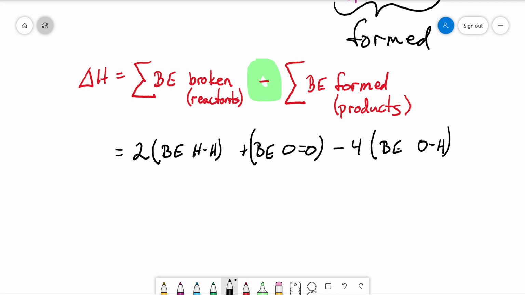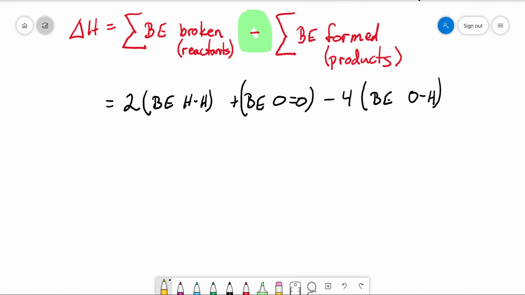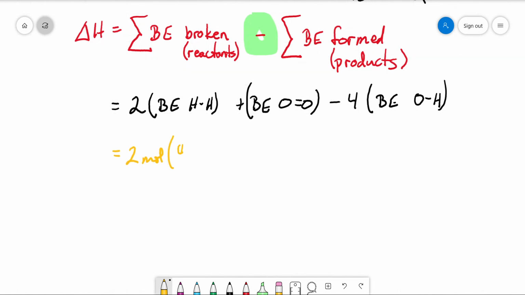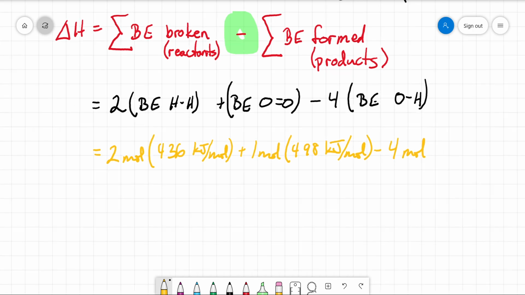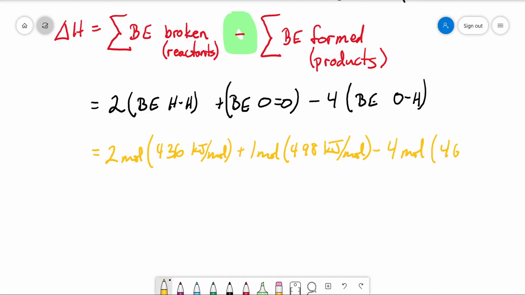So I just went ahead and looked all these up, and you'll be able to do that on the exam or on your homework. So it's 2, and really that 2 is 2 moles. And it's 2 moles times 436 kilojoules per mole plus 1 mole times 498 kilojoules per mole minus 4 moles times 464 kilojoules per mole.